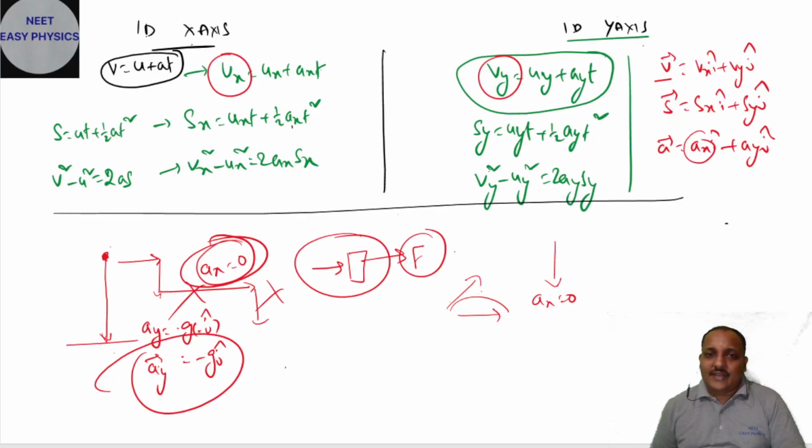Therefore, ax is 0. So this is how we divide the equations of motion. In this lesson also you get equations of motion, but the variation comes along the x-axis and along the y-axis because it is moving in a plane.